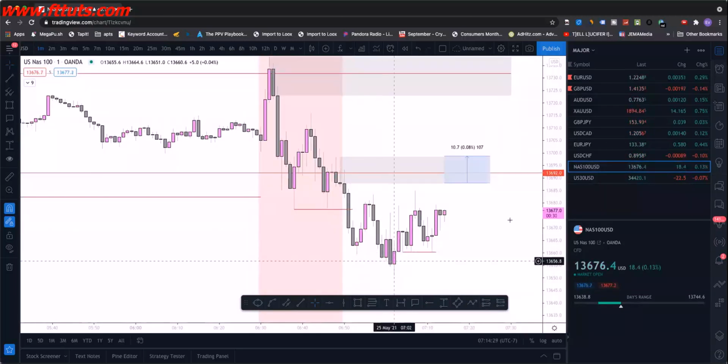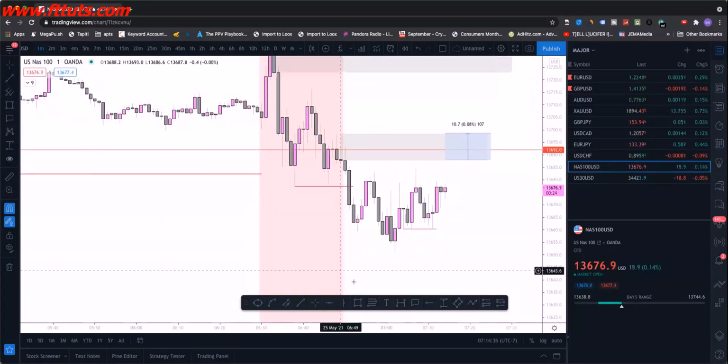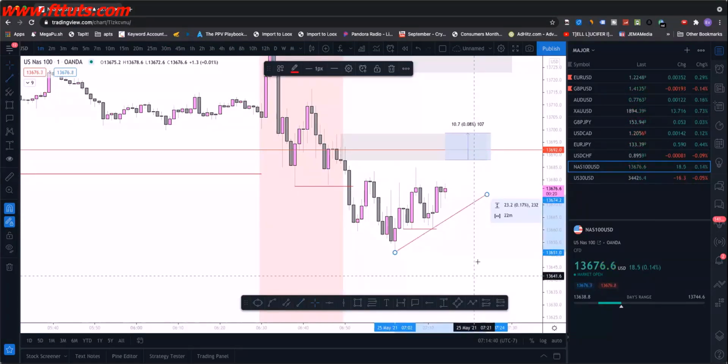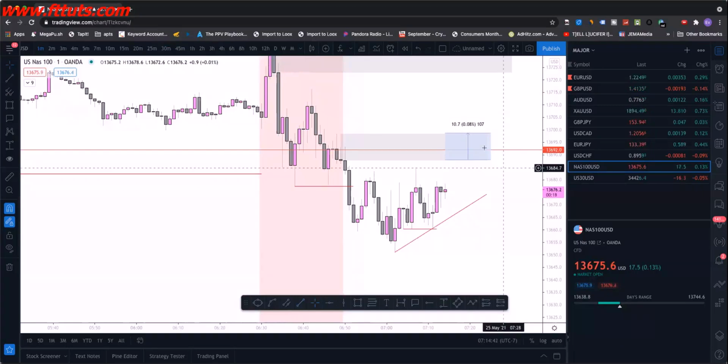I like the compression going on in here, so I feel like I could sell from here. Shouldn't be that big of an issue. I feel like we can sell from there. We're compressing upwards, so this should be a good move.